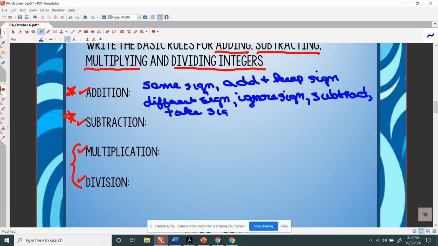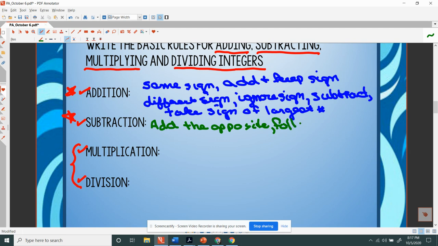So we take the sign of the largest number. When we subtract, we add the opposite. Then we follow the addition rules.